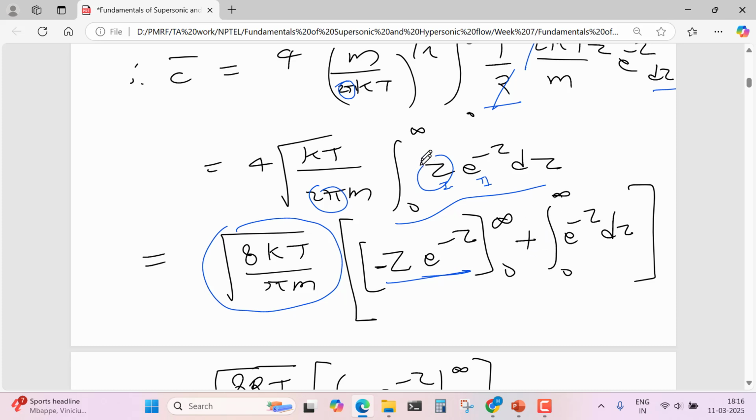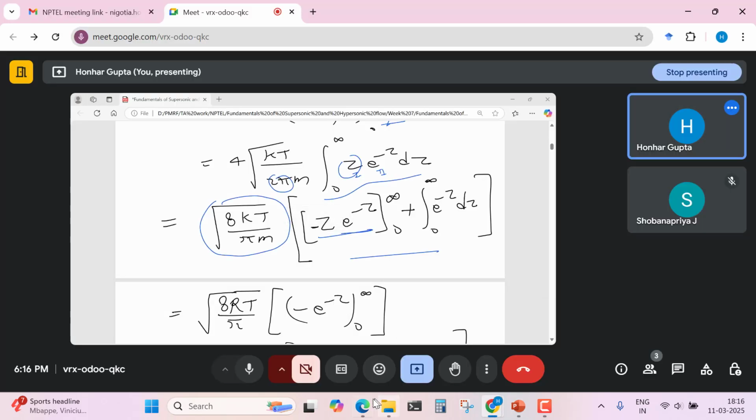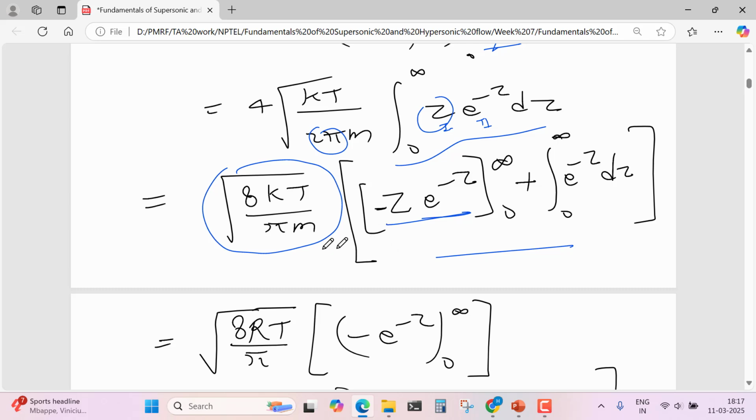The differentiation of this function is 1, so it will be integration of e to the power minus z dz. You can try doing that yourself. Now in this term, if you put infinity, e to the power minus infinity will become 0. If you put 0, then z will be 0. So this term will be 0 only.